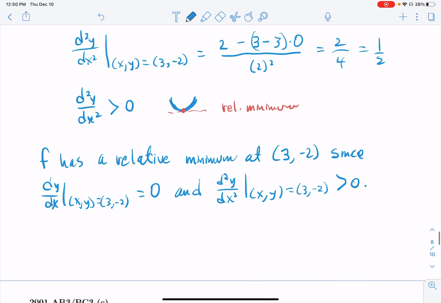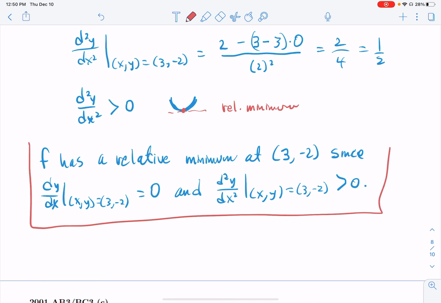And that is it. We have said that the first derivative is equal to 0, which basically declares it as a critical number, and then that the second derivative was greater than 0, which is concave up. It's going to curve away, making ourselves a relative minimum.